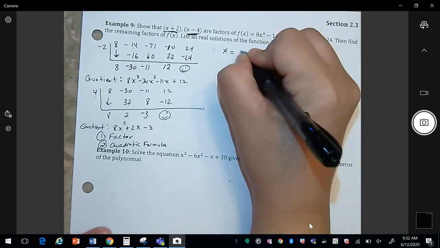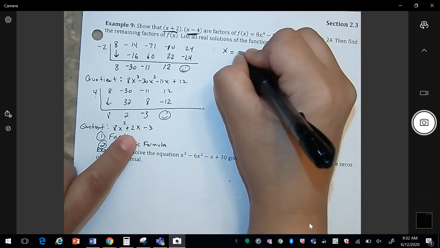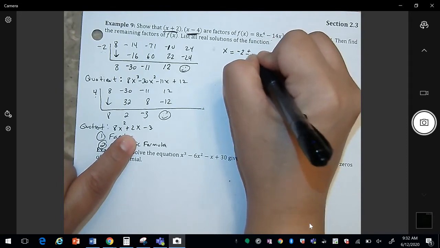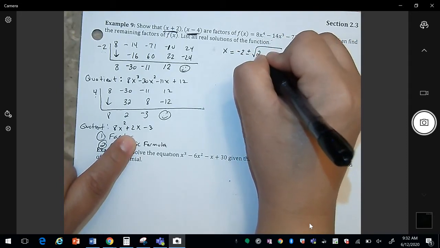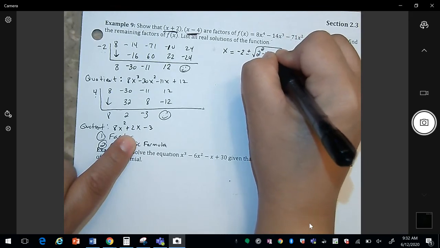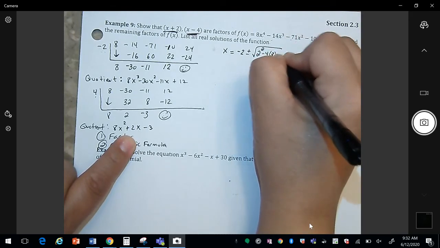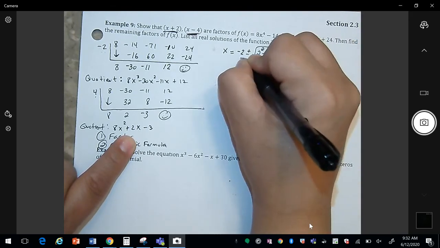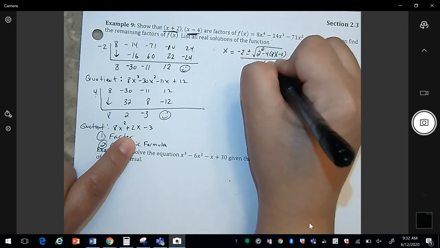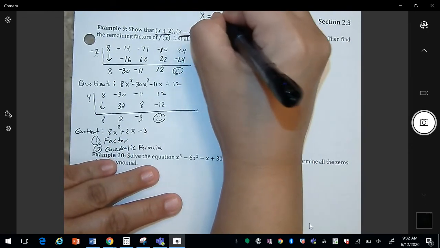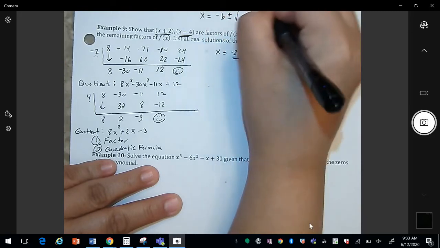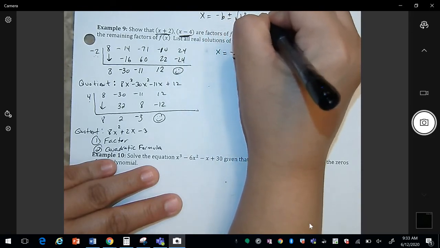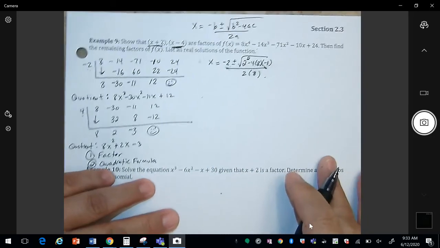So x is equal to negative b, which is going to be 2, plus or minus the square root of b squared, which is 2 squared, minus 4 times a times c, divided by 2 times a. So we recall the quadratic formula is negative b plus or minus the square root of b squared minus 4ac, divided by 2a.